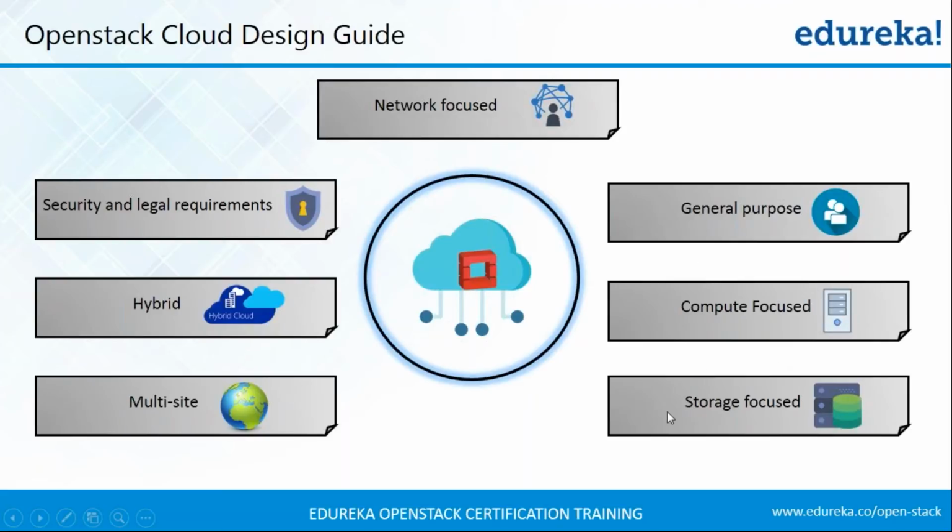You might be needing it for storage purpose, which is storage focused. You might be needing it for multi-site projects, or maybe you want to set up a hybrid cloud infrastructure. You should also take a look at the security and legal requirements, and also if you want a network-focused cloud infrastructure, I'll tell you the guidelines that you need to follow, things you need to focus on when you want these kind of cloud infrastructures, okay?